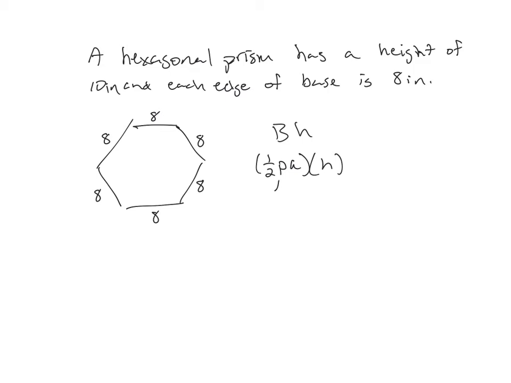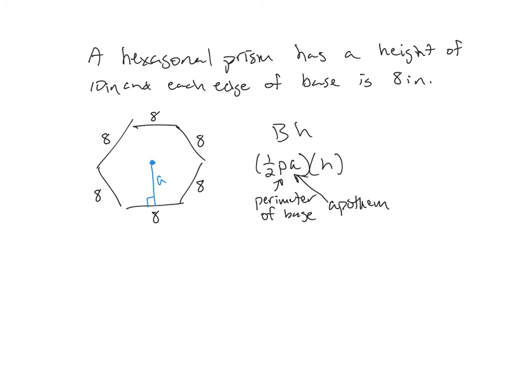So remember that the P is the perimeter of the base. So I do know that because I can add up all those 8s. And then the A is the apothem, which is from the center down to one of the edges.